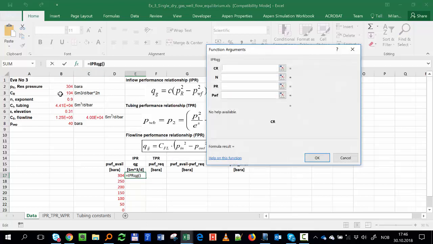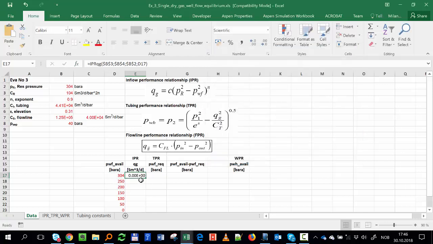Okay, then I have to give the C, which will be the same for all points. I block it. N also will be the same for all points. Reservoir pressure, yeah, I can block it also. And flowing bottom hole pressure will be the number to the left without blocking, because when I drag it, I want it to apply for all others.